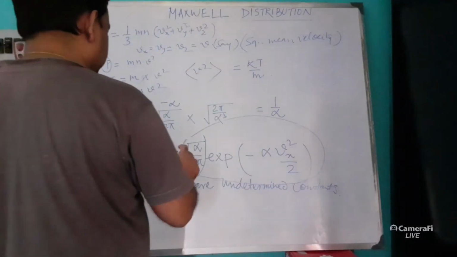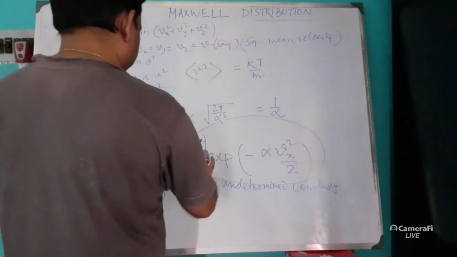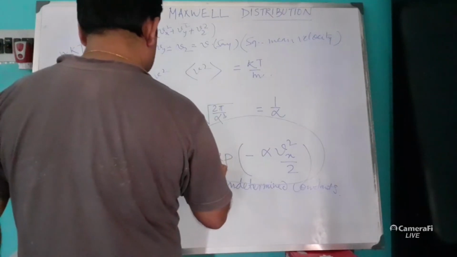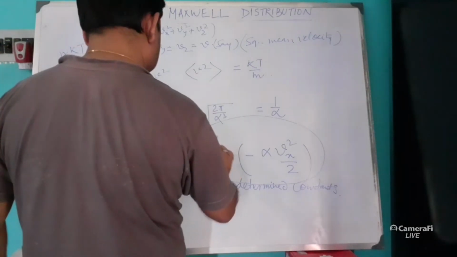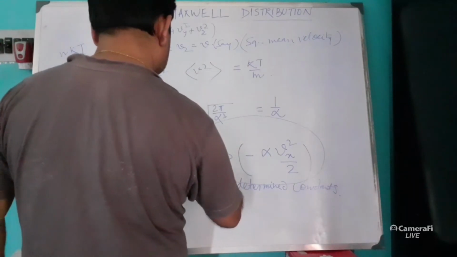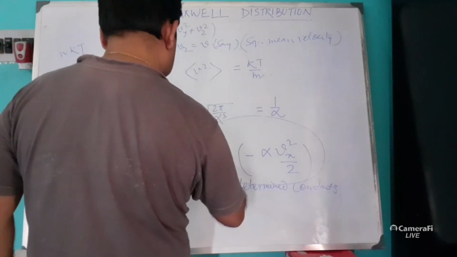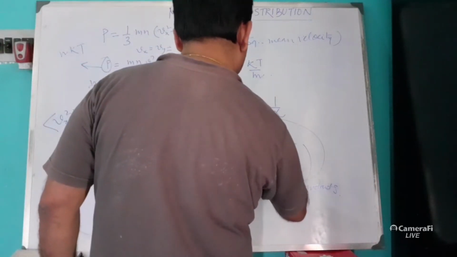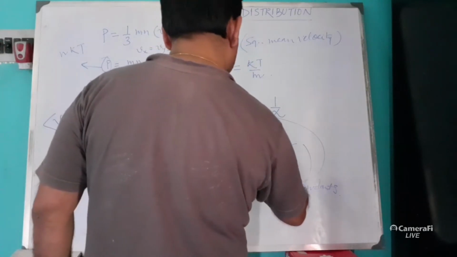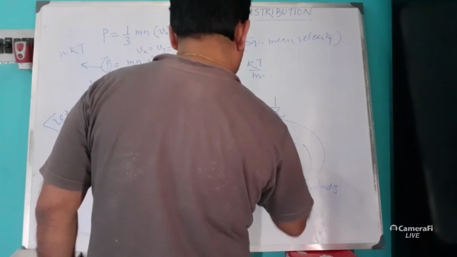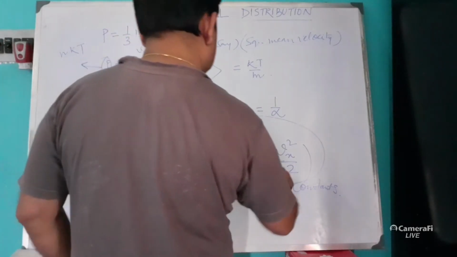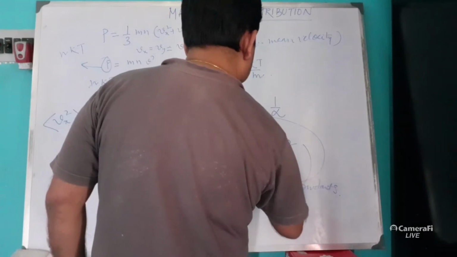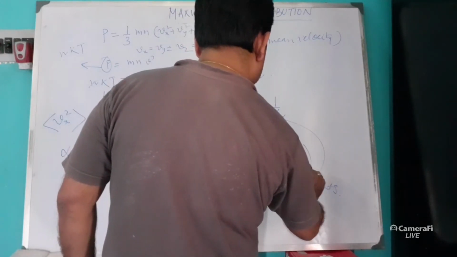So our phi equation in the x direction, phi(Vx), would be root over m by 2 pi kT times exp(-m Vx² by 2kT).